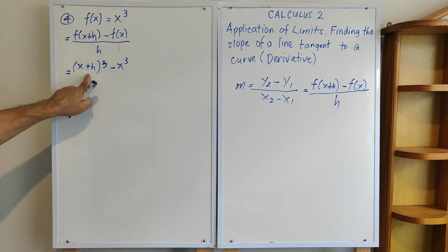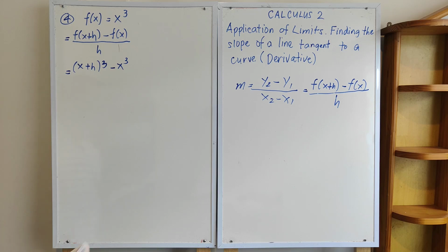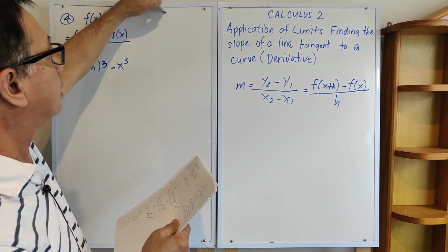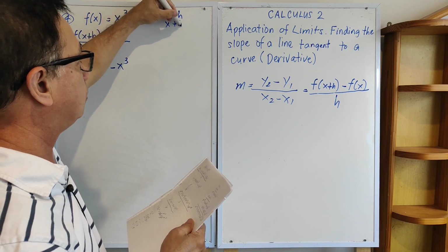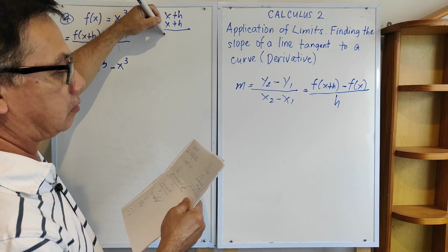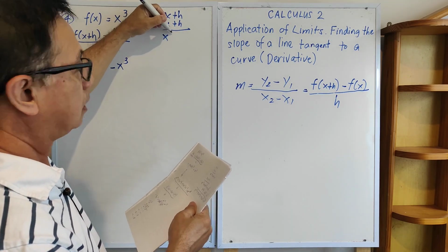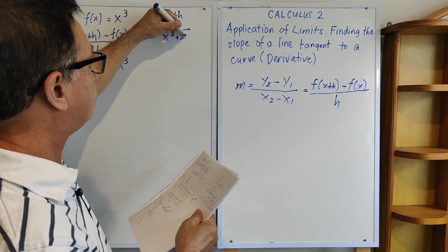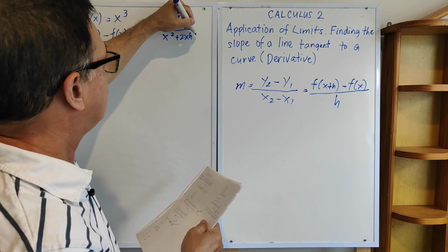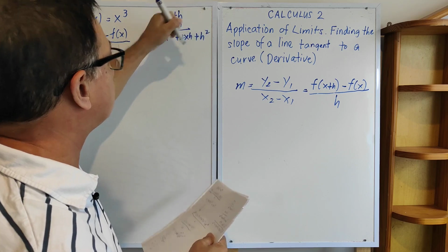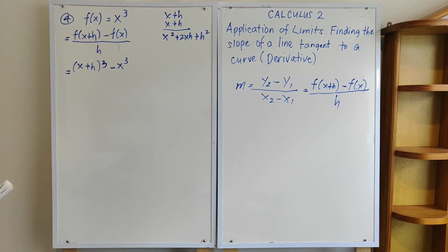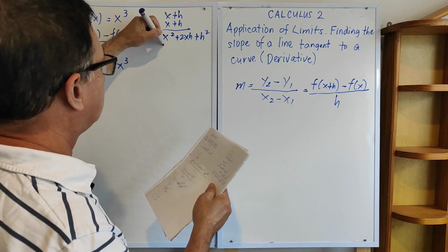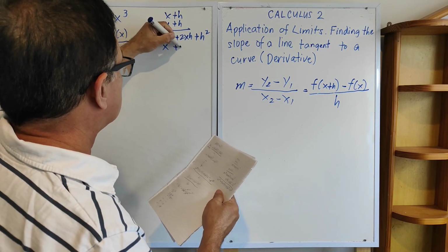Now we have to multiply x plus h by itself 3 times. So let's do it the long and hard way. I'm old school, so this will be x squared plus 2xh plus h squared. And then we have to multiply again by x plus h.